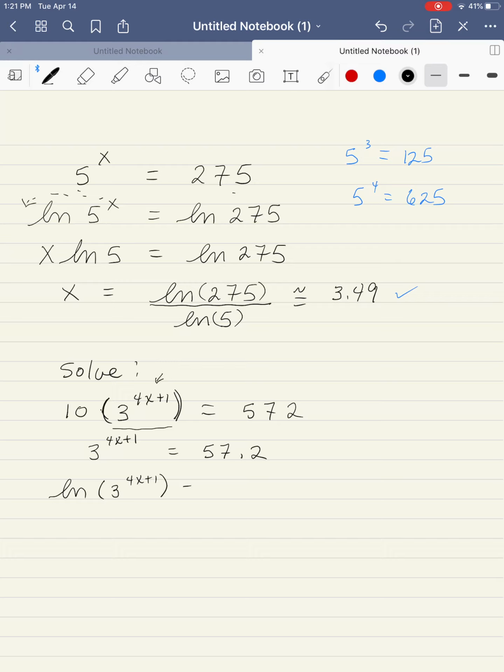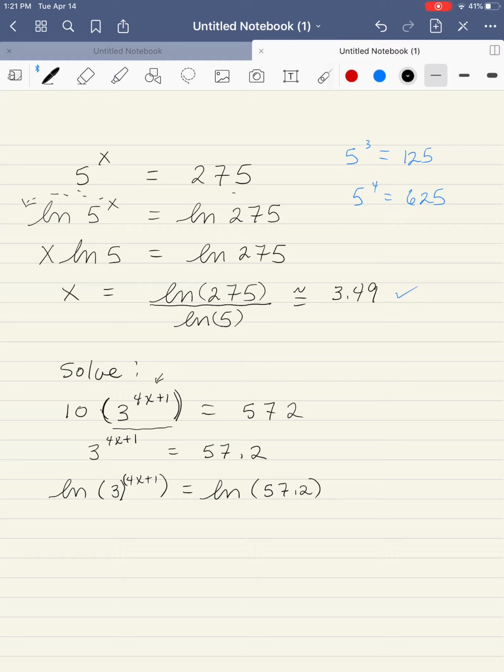Now I can put in the natural logarithm. And remember, I'm taking the natural logarithm on both sides, so I have to be very careful how I write this. I'm not multiplying by ln. I'm taking the natural logarithm of 3 to the 4x plus 1, taking the natural logarithm of 57.2.